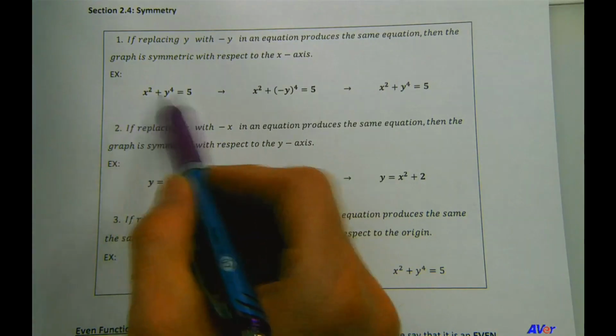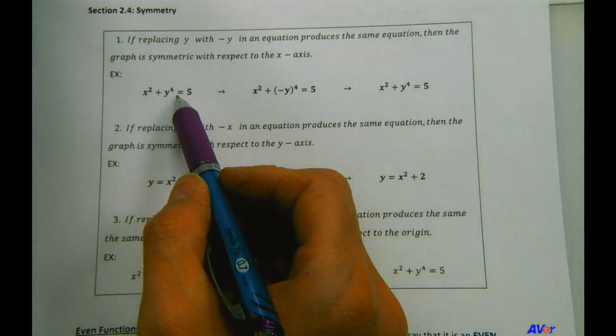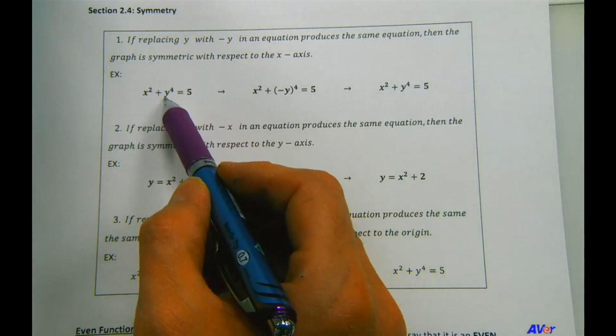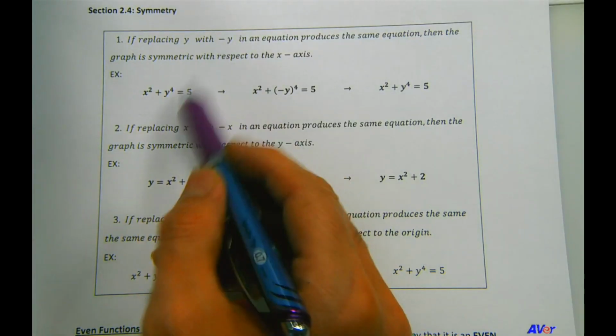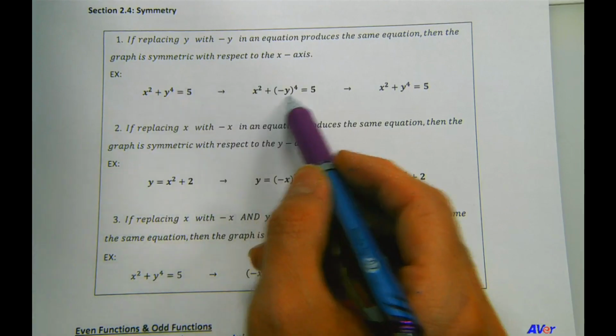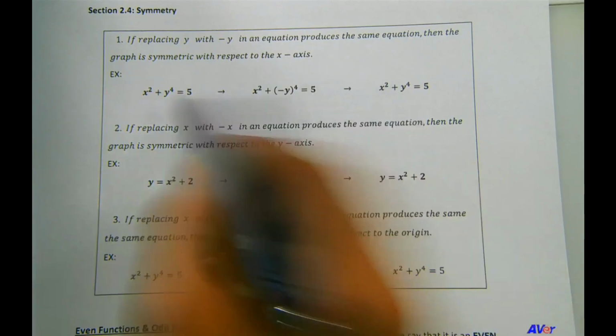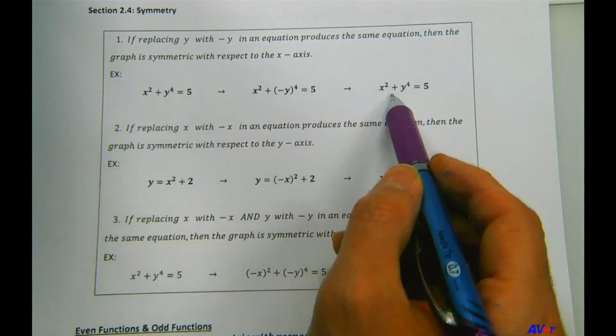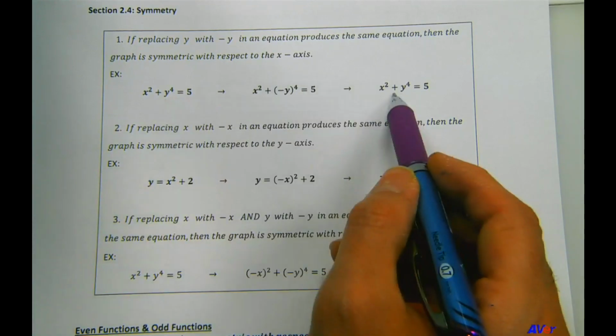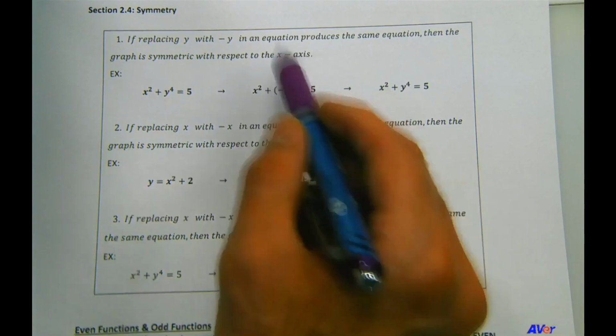So this is one example of such an equation. We replaced y in this equation with minus y, like that, and after simplifying we get the same equation. So the graph of this equation is going to be symmetric with respect to the x-axis.